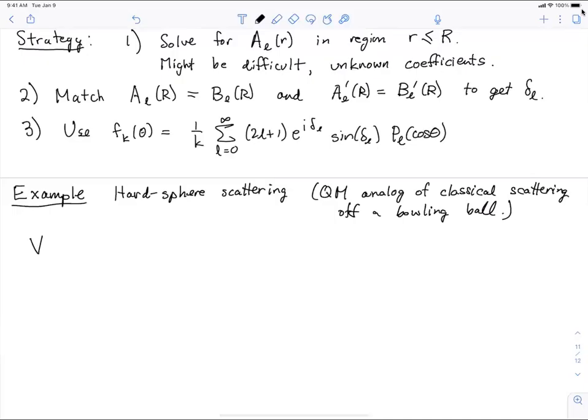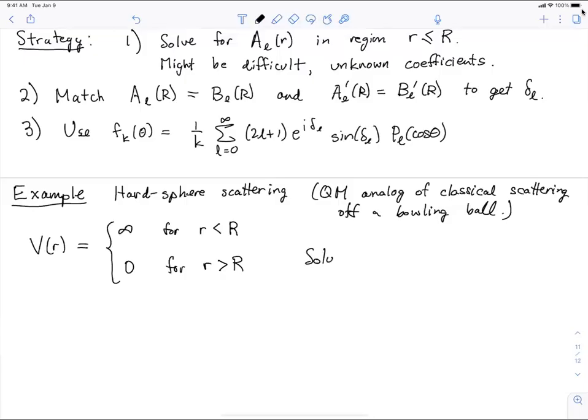And so the potential that we're going to write down for this is that it's infinity for small radiuses, for small distances, and it's 0 if you're outside where the hard sphere is. So that's a great potential because solving for a wave function in a region with infinite potential is super easy.